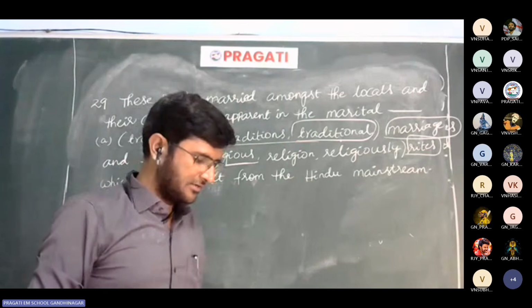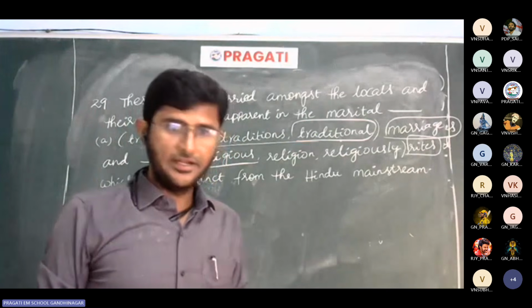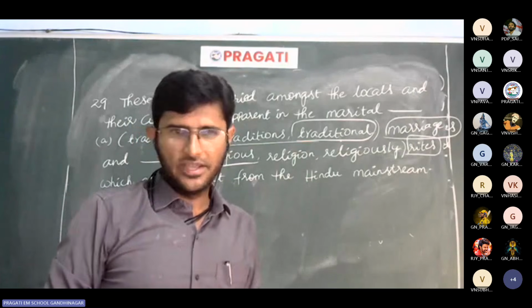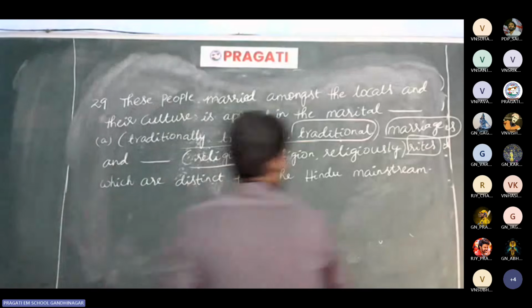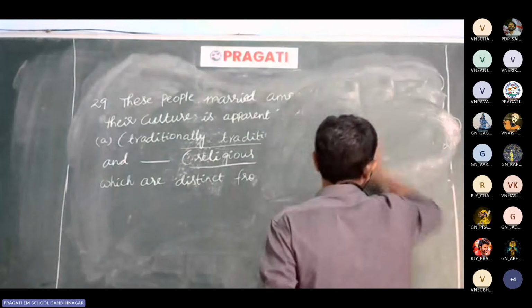So next question number 30. Complete the words with correct prefixes and suffixes given in the brackets. Once again, you have the option to choose from the options given here.